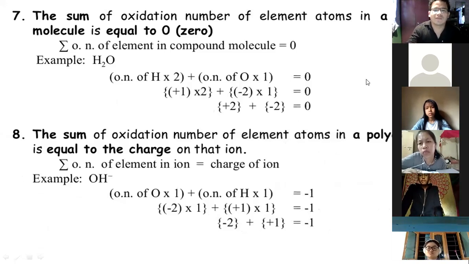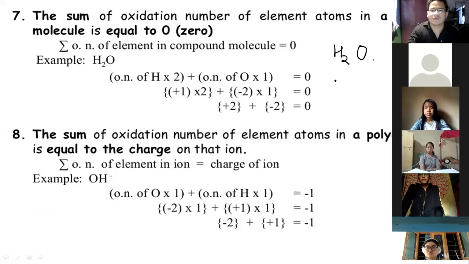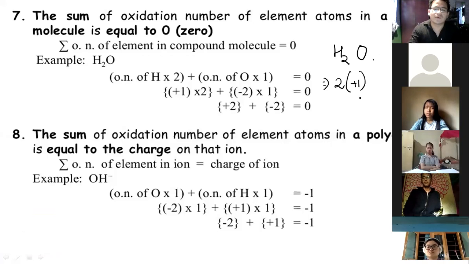For example, sulfuric acid or water. Take water, H2O. Hydrogen is +1 by rule number 3, except if it combines with metals.